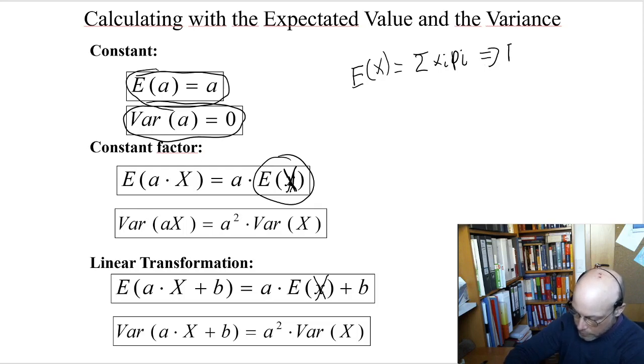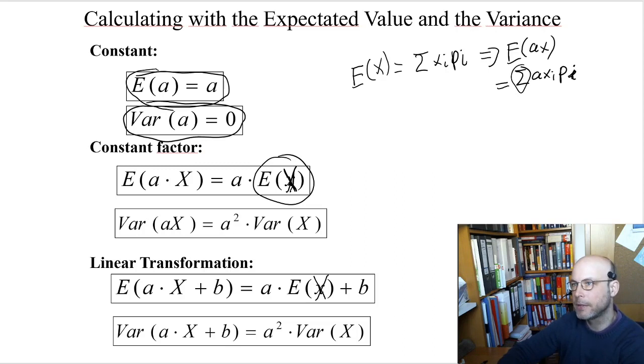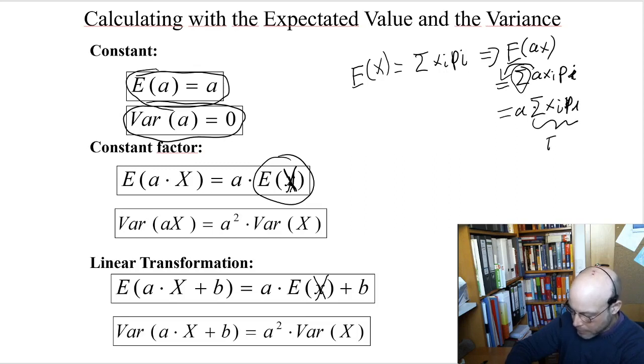And then of course we have E of a x equals the sum of a xi pi, and since this is a linear operator, these summations, we can take out the a and write a times the sum over xi pi, and this again is our expected value of x.